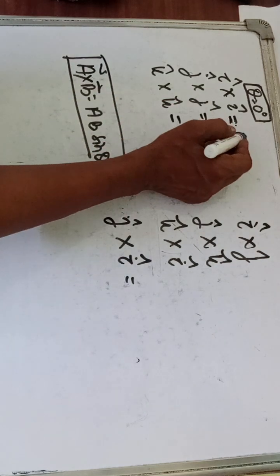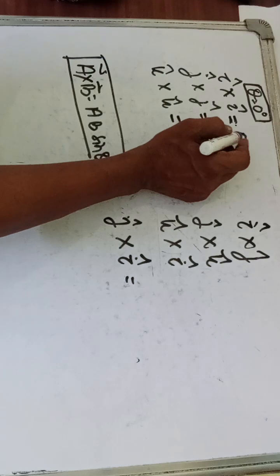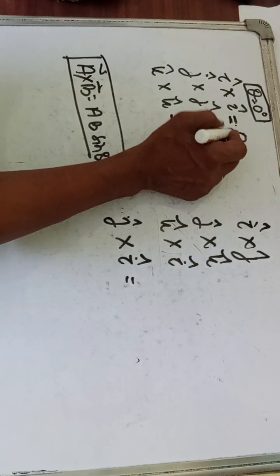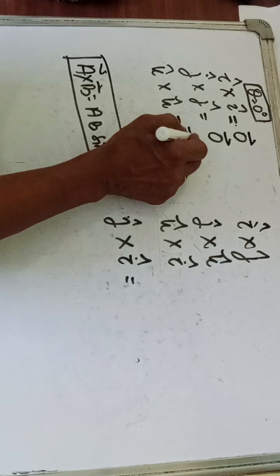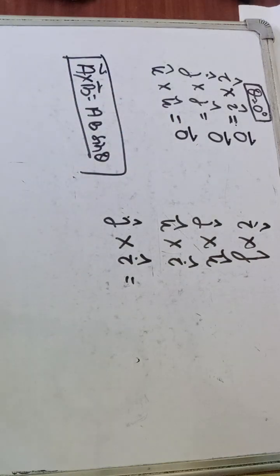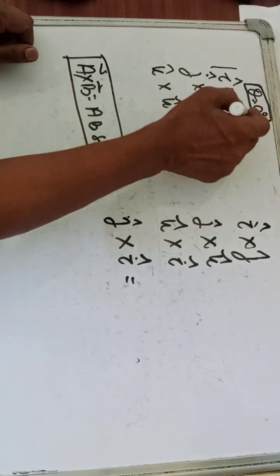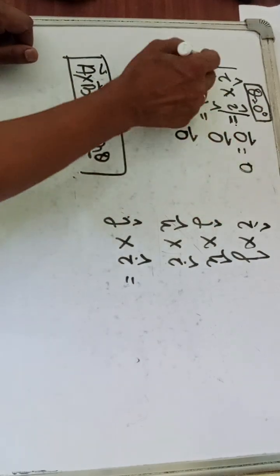But again, it will be a vector, a null vector. You can say a zero vector, and its magnitude will be 0.